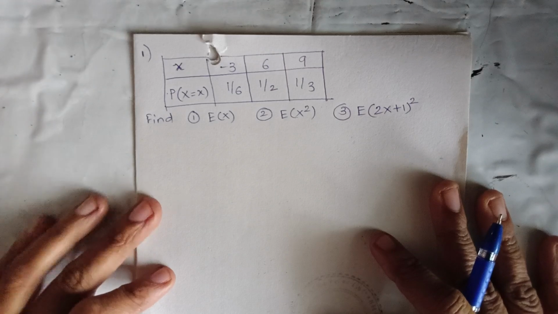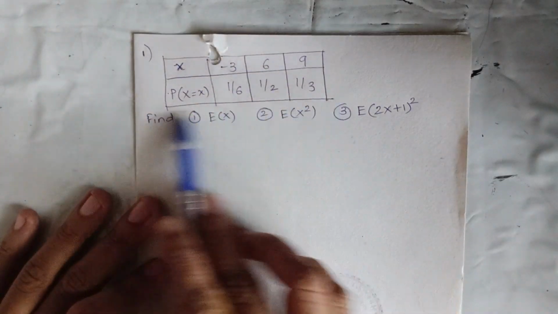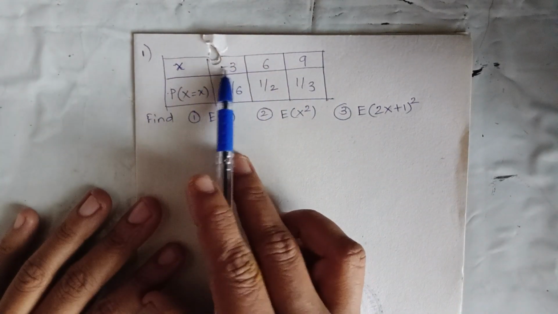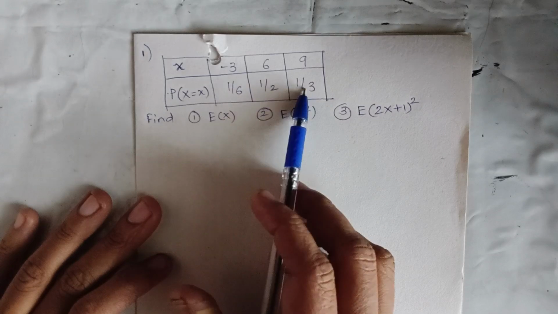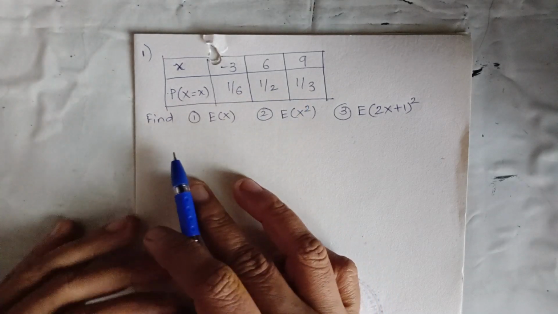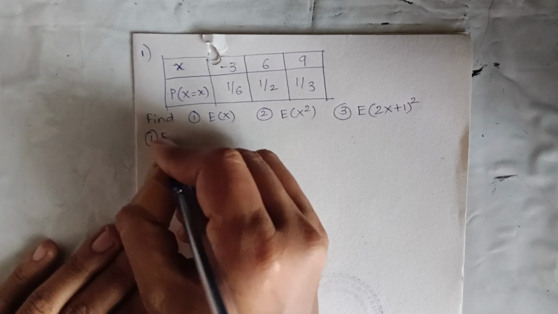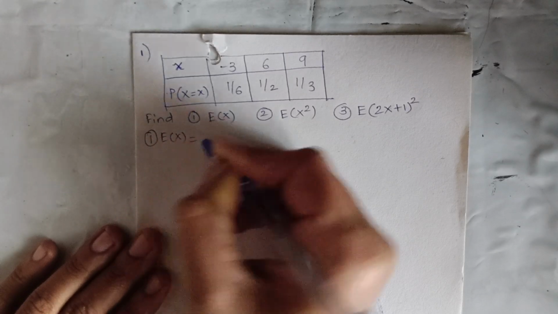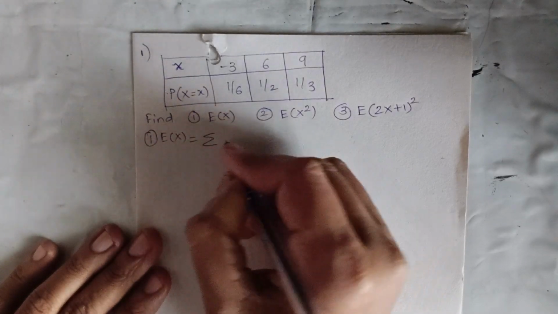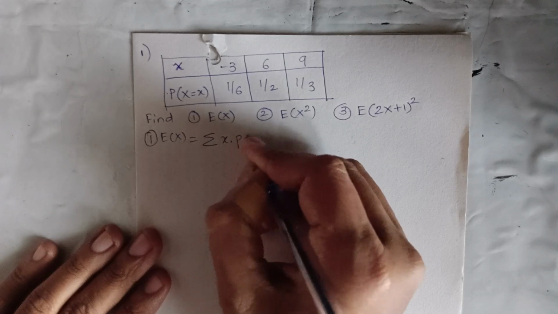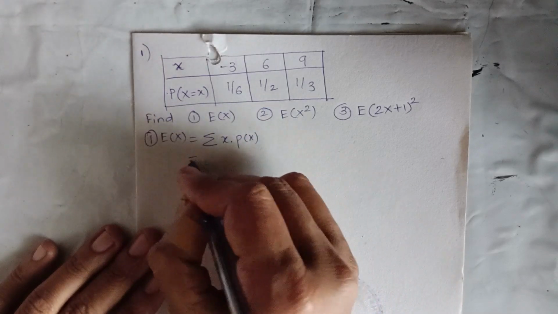Okay, let's start with some examples. Let's solve this. Here the table is given, these are the random variables and this is the probability. First we have to find E(x). It is given by summation x p(x).